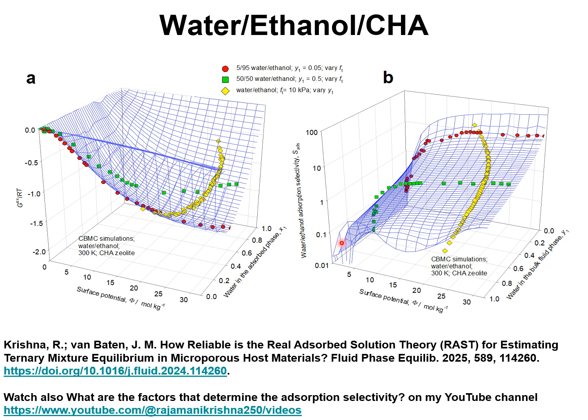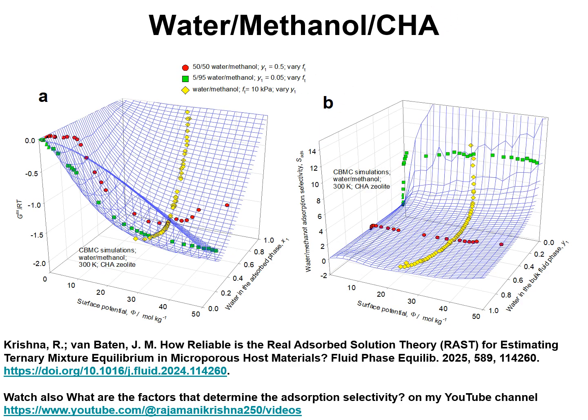The variation of the adsorption selectivity is monotonic in its dependence on the surface potential, phi, and the composition in the bulk gas phase mixture.